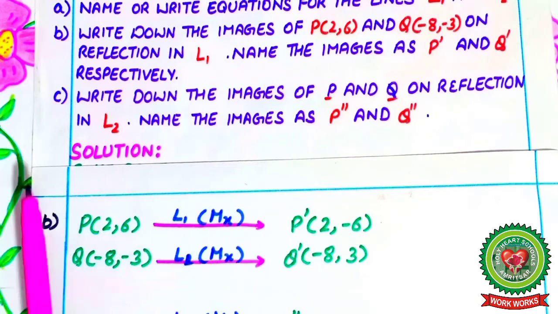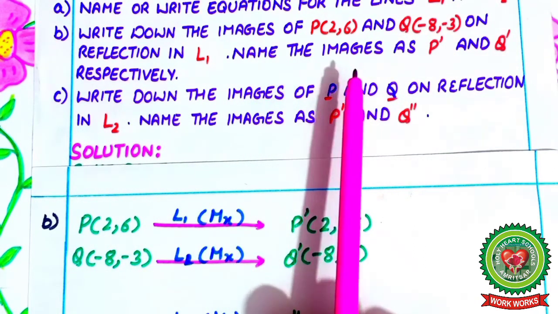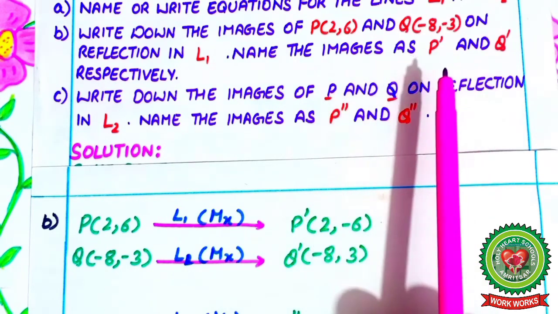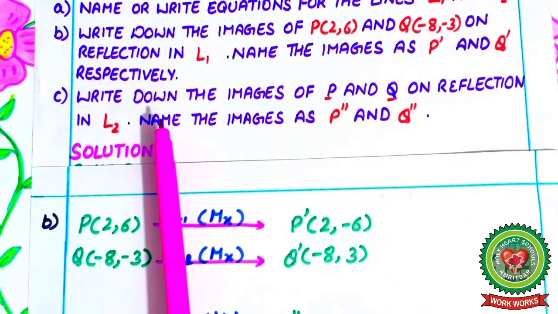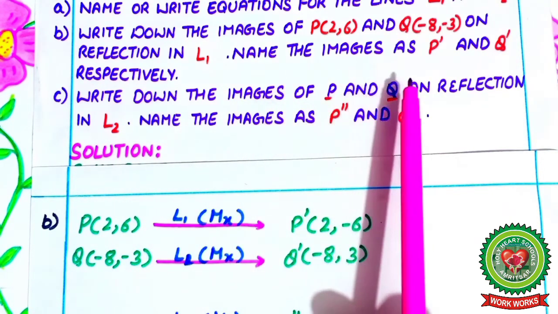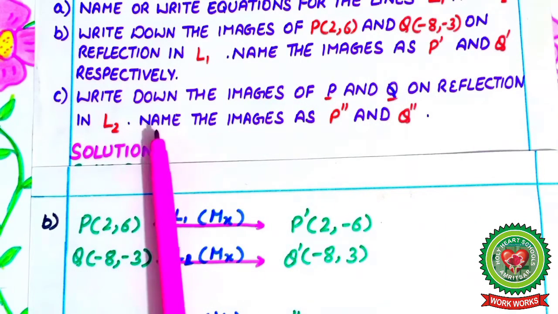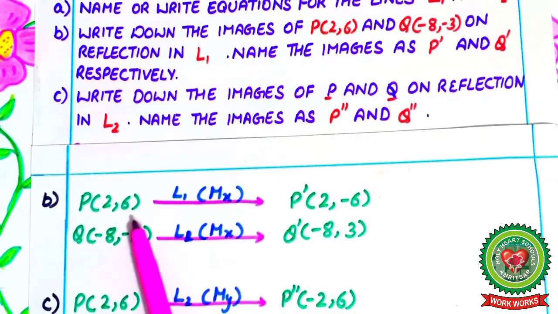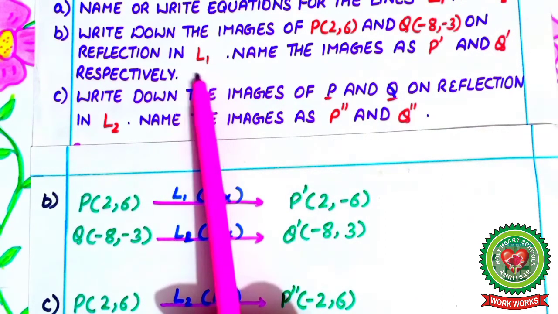Now the second part is: write down the images of P (2, 6) and Q (-8, -3) on reflection in L1. Name the images as P dash and Q dash respectively. Here we have to reflect points P and Q in the line L1.